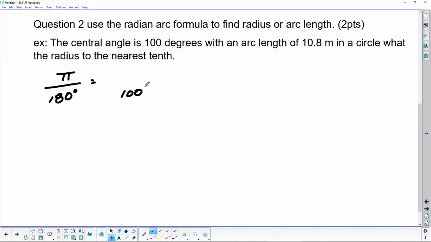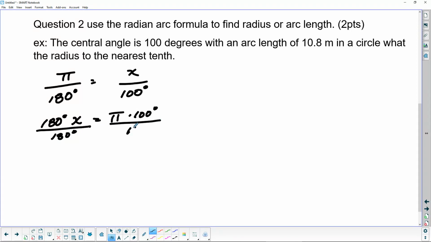So this is 100 degrees, and this will be our x. So we've got 180 degrees x equals pi times 100 degrees. So we're just simply going to divide 180 degrees on both sides. This is going to give us our value in radians.